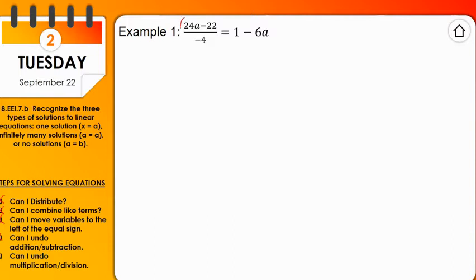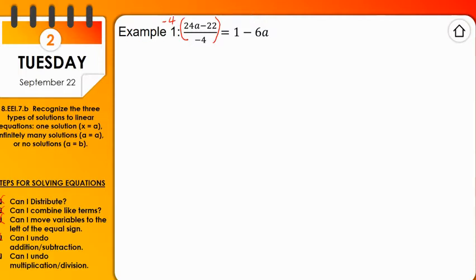We have a fraction. In order to undo this fraction, because I want 24a minus 22 by itself, it's being divided, so I need to multiply by -4.